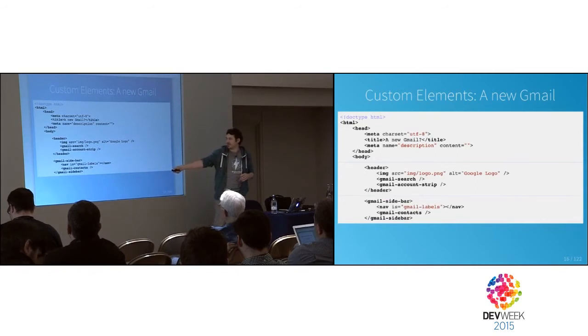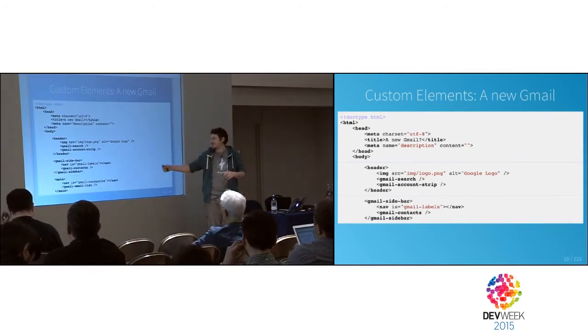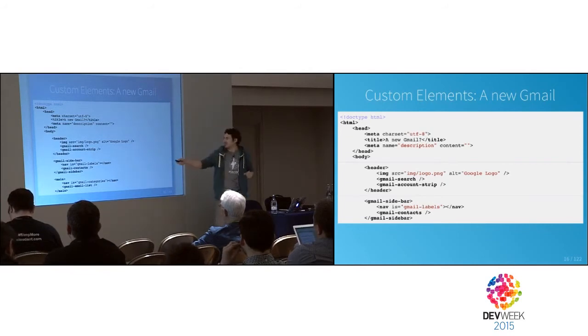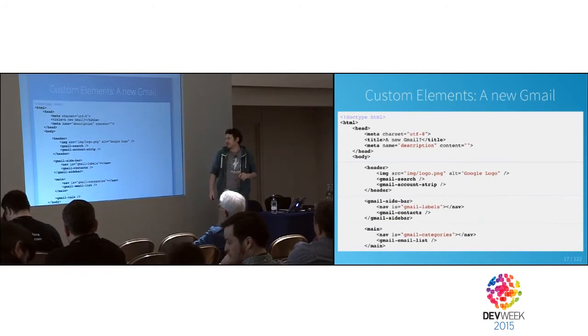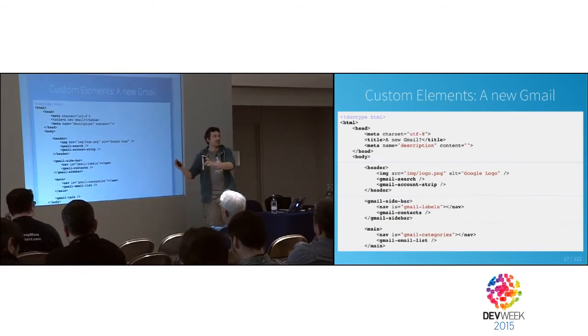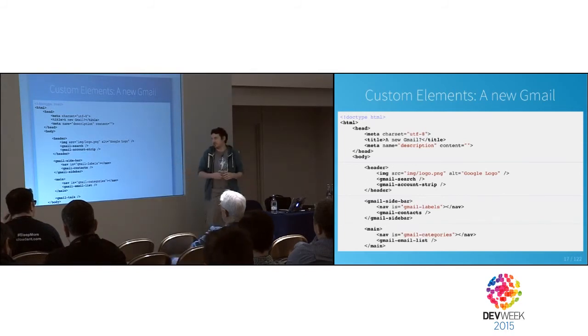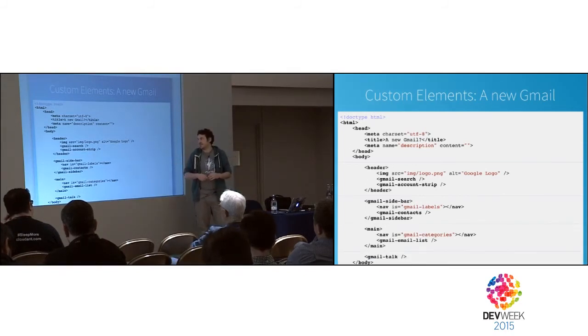We've got a list of contacts. We've got the main section, which is nav, and it's got the Gmail categories, the social, promotion, and so on. And then we've got a list of emails. And at the bottom, we've got a little widget that probably sits and floats, which is our Gmail talk or our Hangouts. So that might be the way that we can go with web components.